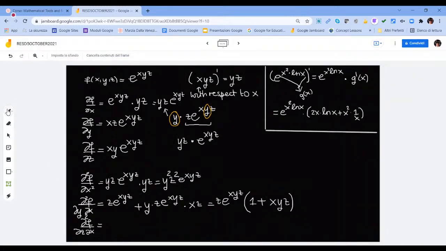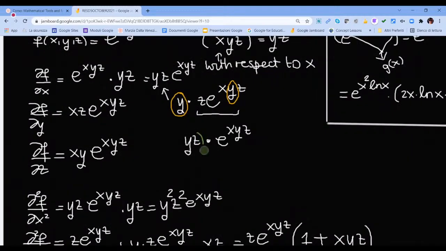In this case, the only variable that we should consider is z. So we can see the first factor of the product as some constant y times z, and the second one as the exponential function of some constant xy times z.